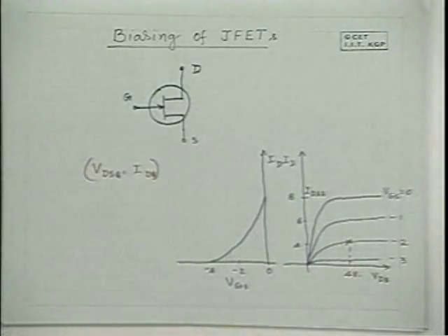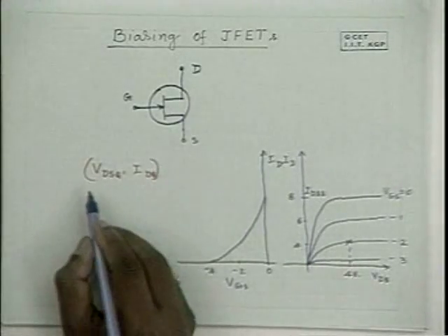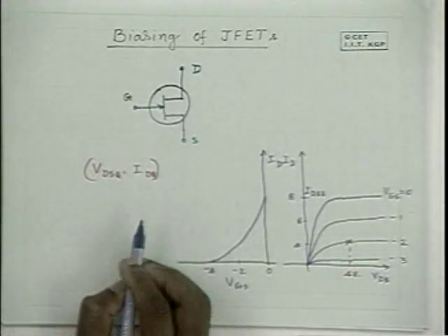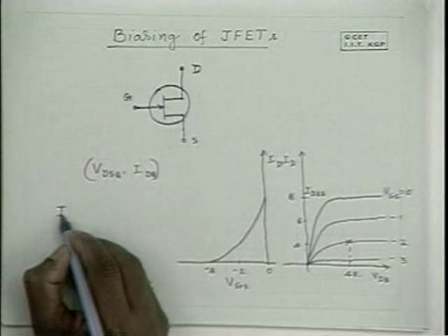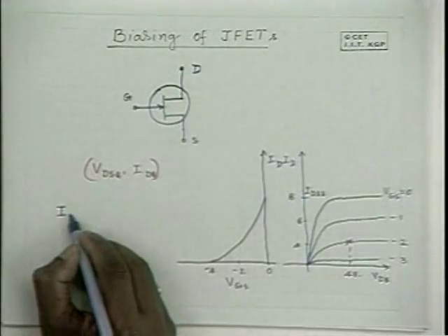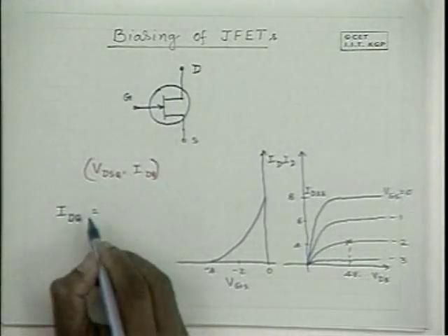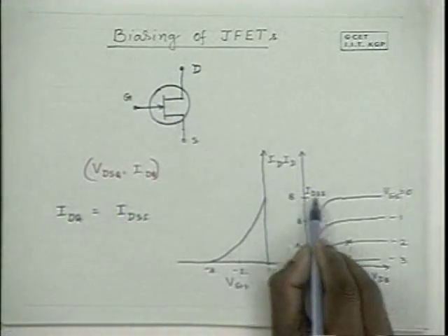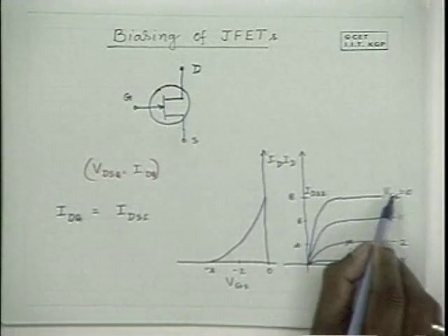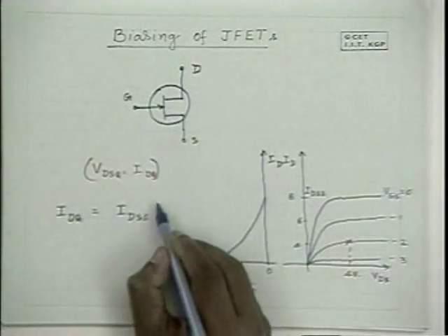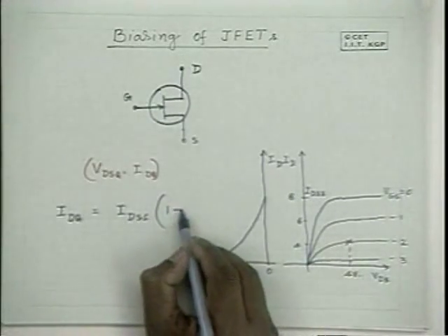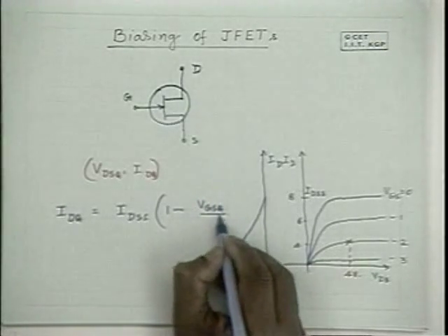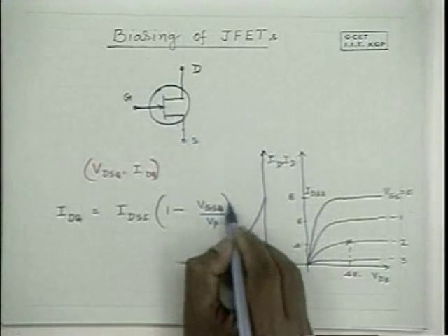Now the VGSQ is obviously dependent on VDSQ and IDQ, and the relationship is known: IDQ is given by IDSS, that means the drain current for zero gate to source voltage, multiplied by (1 minus VGSQ divided by VP) whole square.